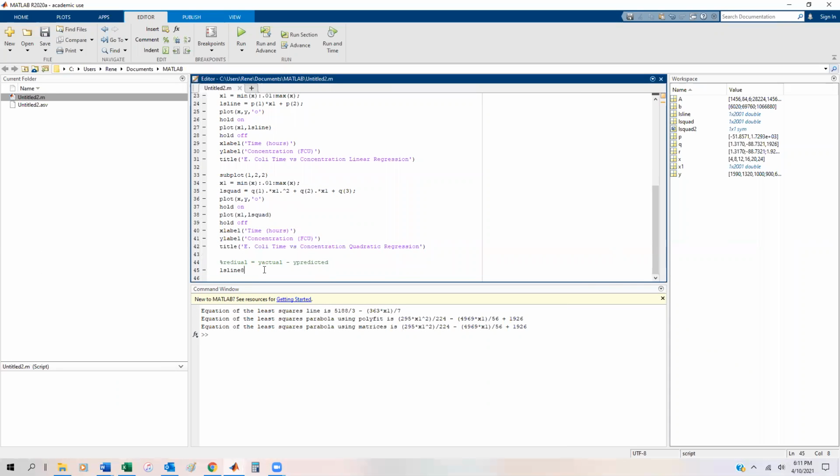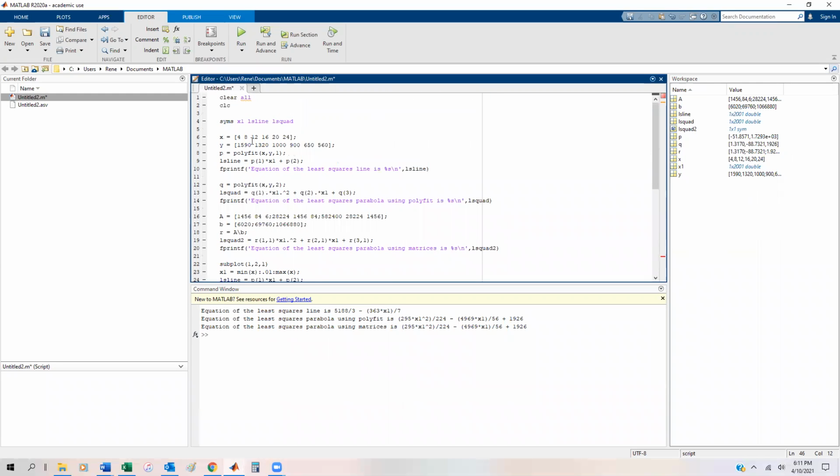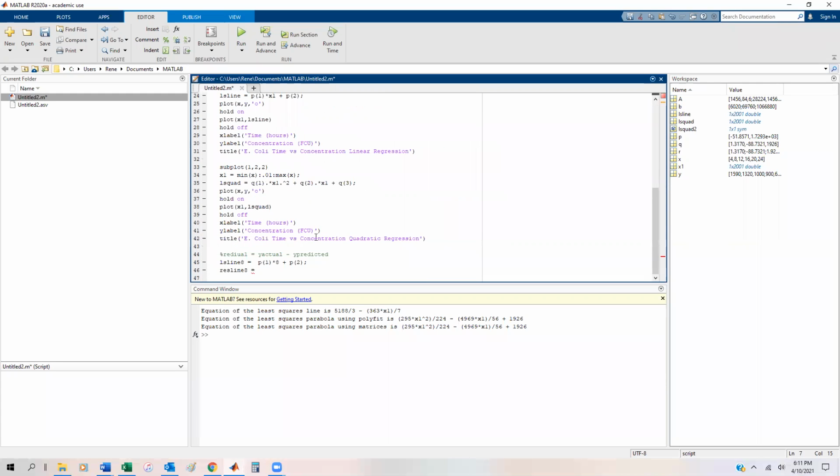So ls line 8 is going to be equal to, and what I'm going to do is take the least squares equation right here, and instead of x1, I'm just going to plug in 8. And I'm going to say residual is going to be equal to, we're going to take the original y value. So when x is 8, y is 1320.